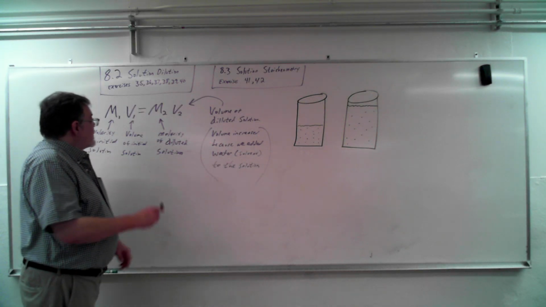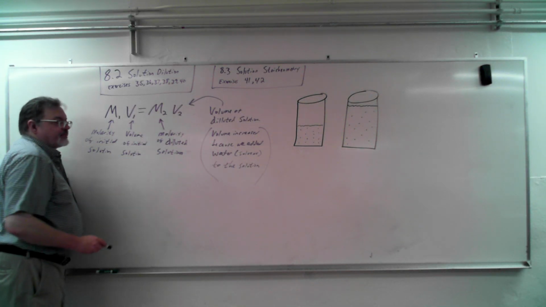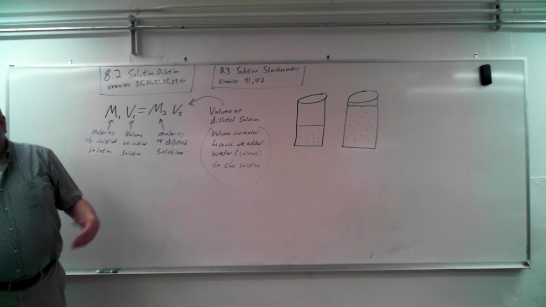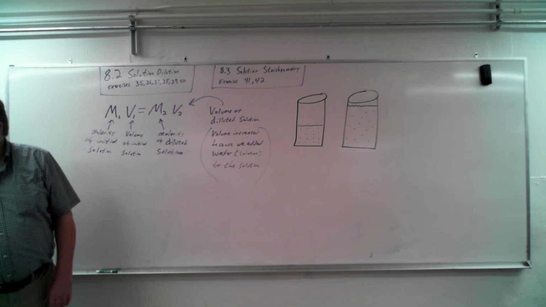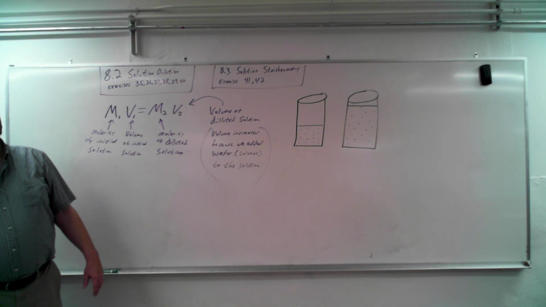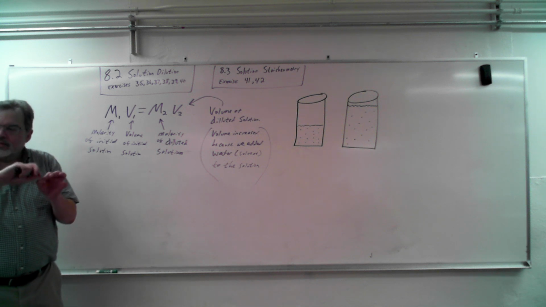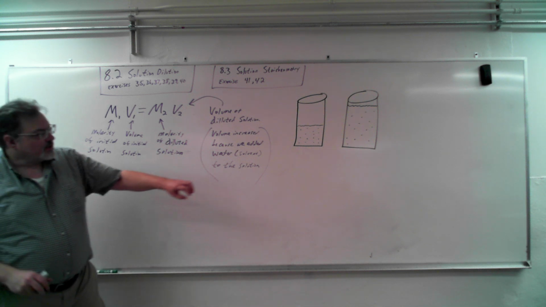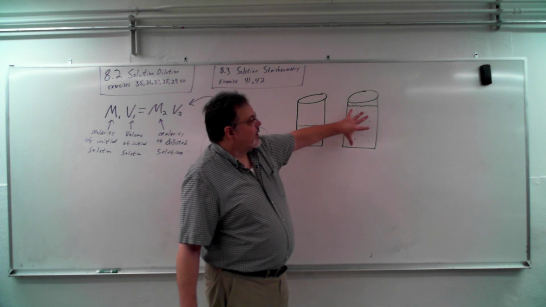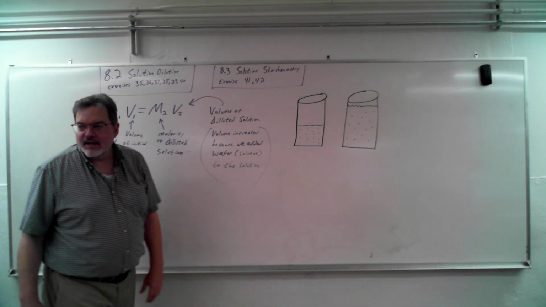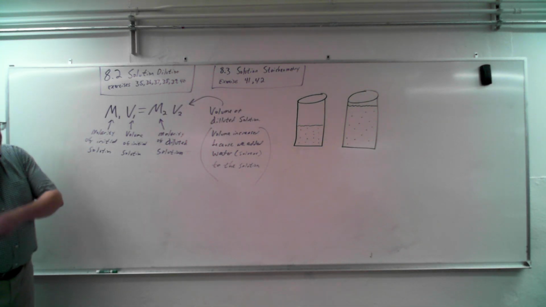So the volume changes between here and here because you're adding just pure water. If water is the solvent, sometimes it's not, sometimes it's alcohol or something. But whatever your solvent is, you add pure of that, and you just basically make the solute particles further apart, and you make it less concentrated.